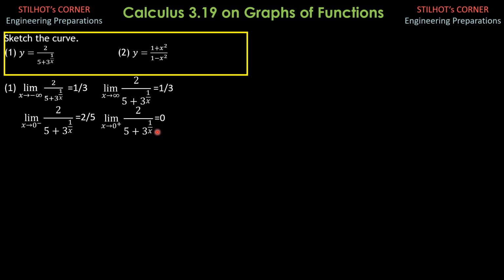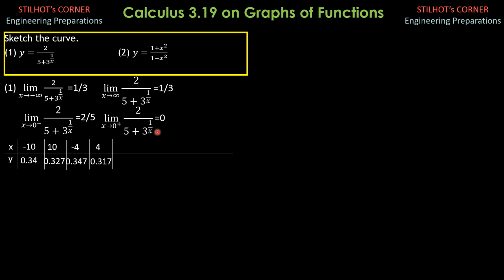Then we plot some intermediate points, x and y. When x is negative 10, y is 0.34; x is 10, y is 0.327. When x is negative 4, y is 0.347; positive 4, 0.317.